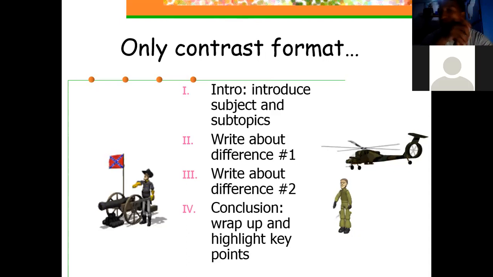If you want to write two or three paragraphs, this is excellent, right? If you want to write three paragraphs, don't worry. But the most important is you need to write the minimum two paragraphs in the body of the essay.